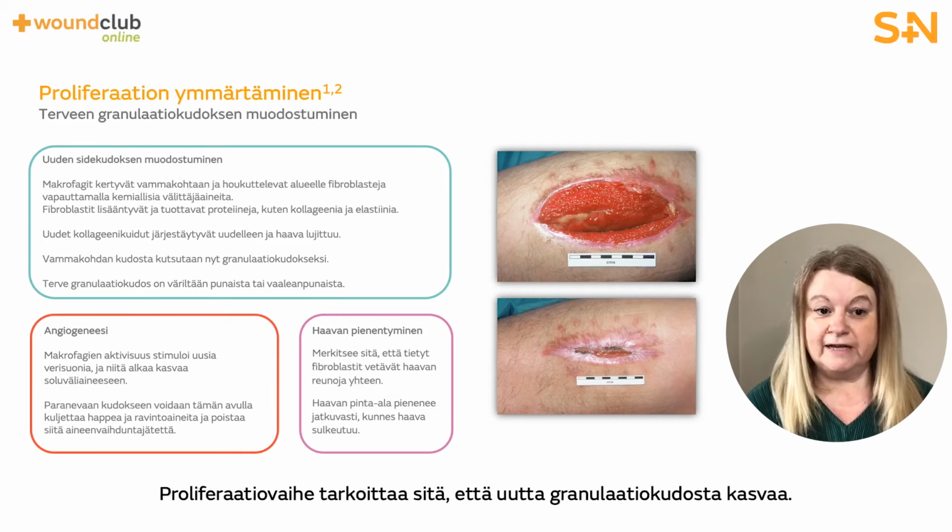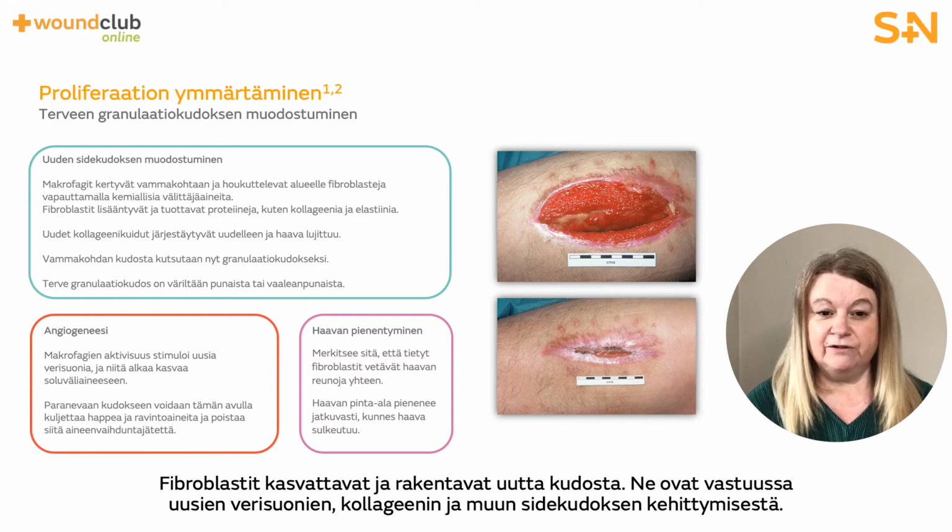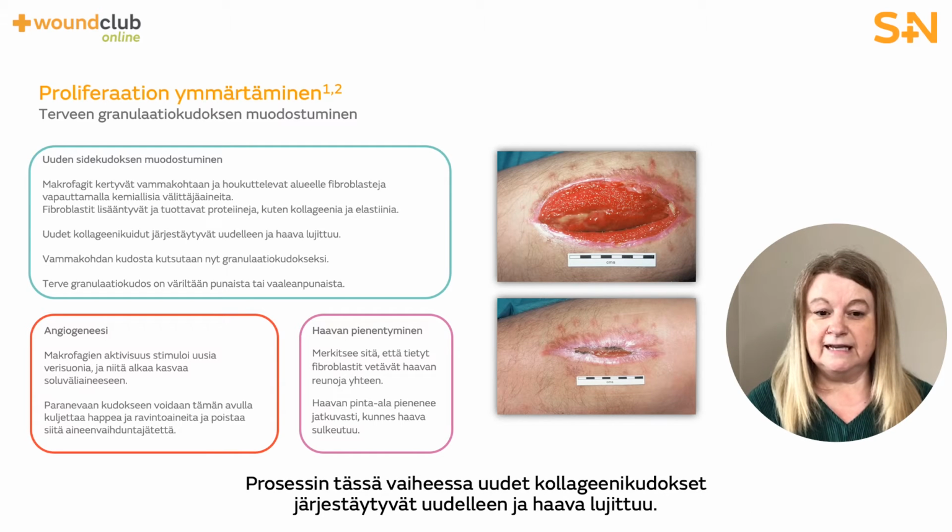The proliferative phase is about rebuilding new granulation tissue. New tissue is regenerated and constructed by fibroblasts, the cells responsible for the development of new blood vessels, collagen, and other connective tissue. It is at this stage of the process that the new collagen fibres start to reorganise and the strength of the wound increases.